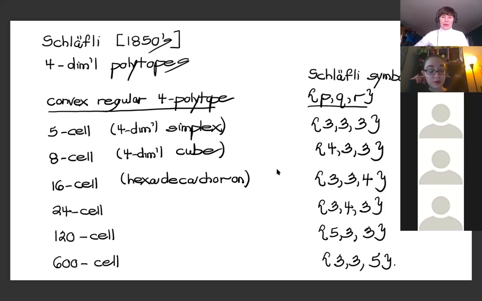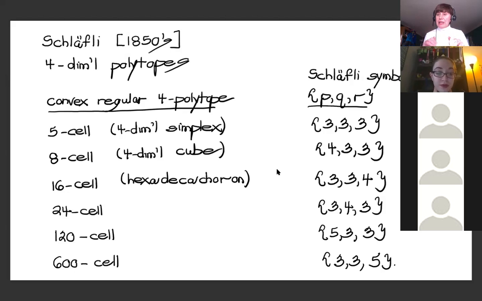So for example, the 4-dimensional cube has Schläfli symbol 4,3,3. What that means is, let's go back to a cube. A cube would have Schläfli symbol 4,3.